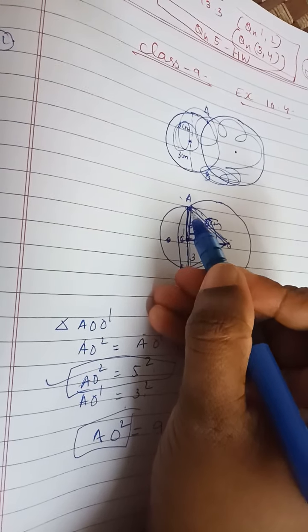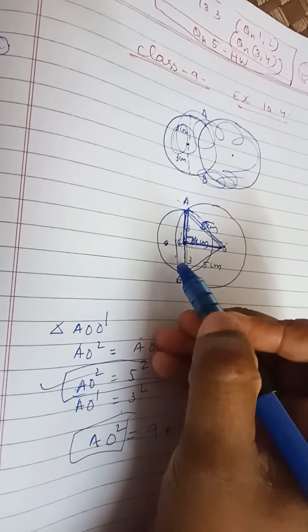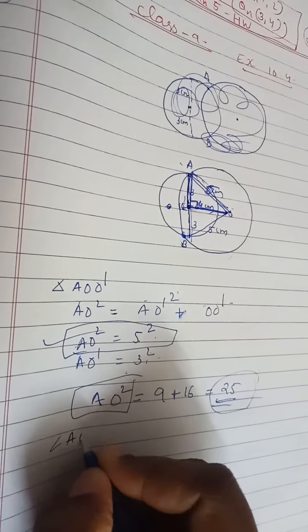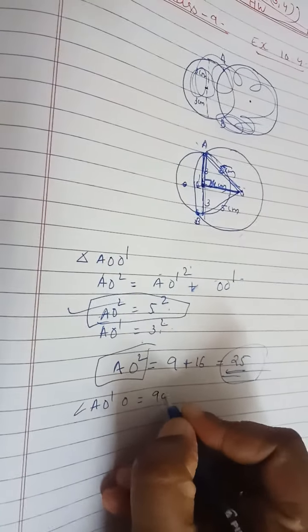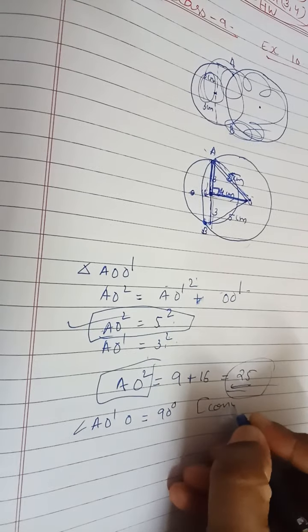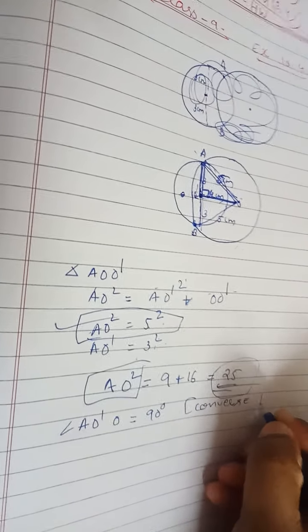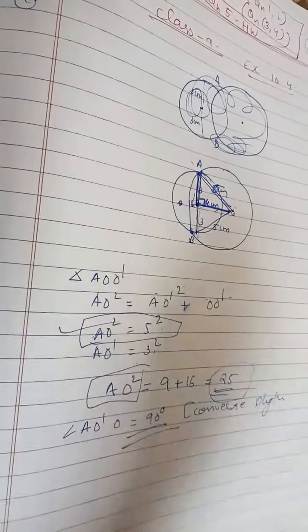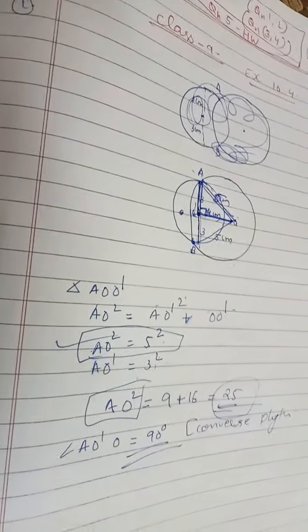So we have to prove this is 90 degrees. So I am writing here angle AO dash O is equal to 90 degrees, by the converse of Pythagoras theorem.